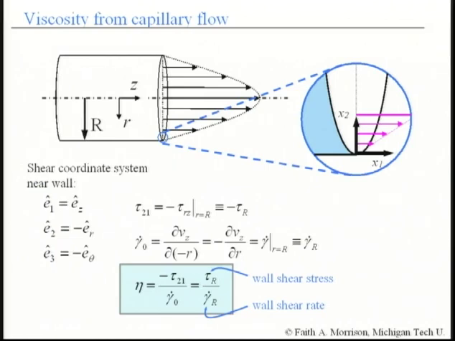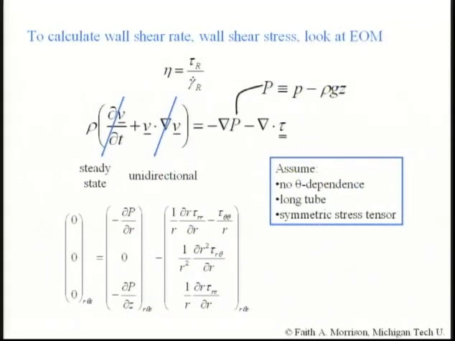And then we needed to be able to express shear rate at the wall and shear stress at the wall. The calculation for shear stress was very easy, and it starts from the momentum balance and just knowledge about very minimal things, that the flow would be theta symmetric.